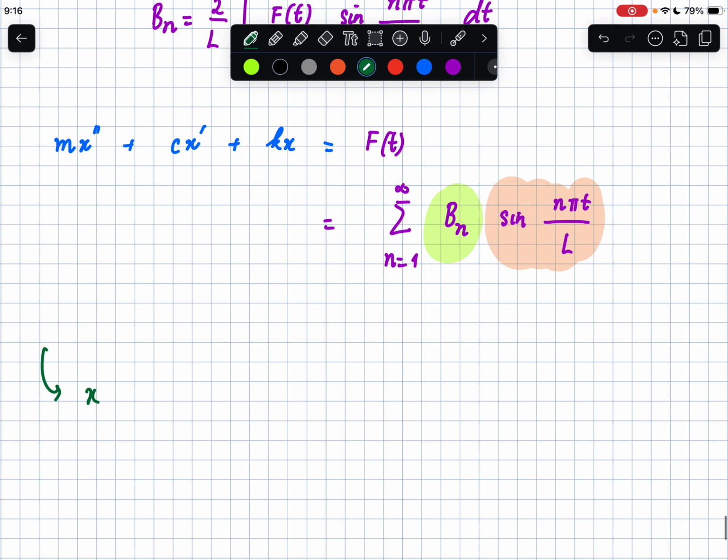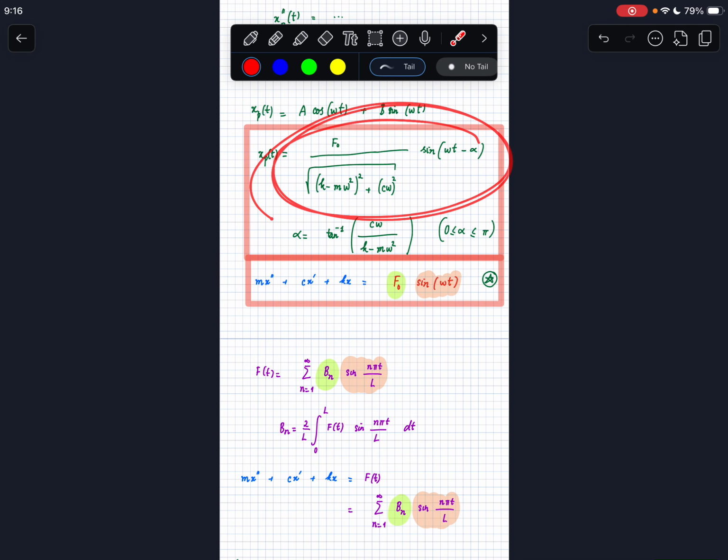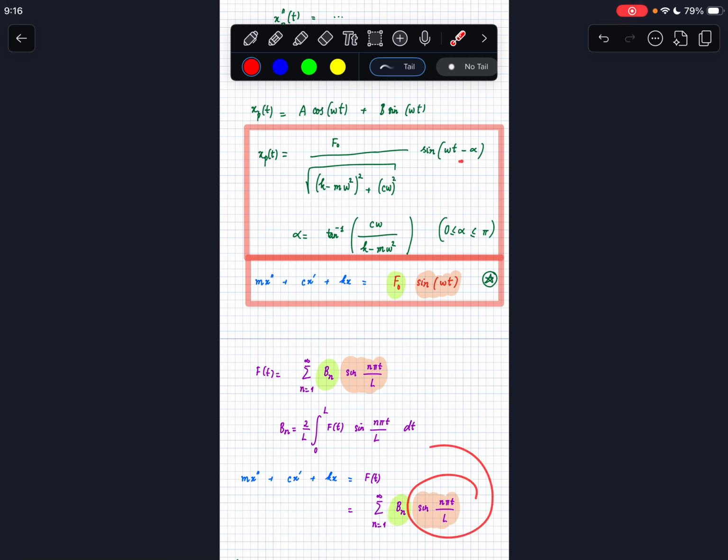We are talking about the particular solution, the steady periodic solution x_sp(t) for this equation. So we have a summation n from 1 to infinity, with each term of this form: instead of F0 here, you have b_n, sine of this minus α divided by this.